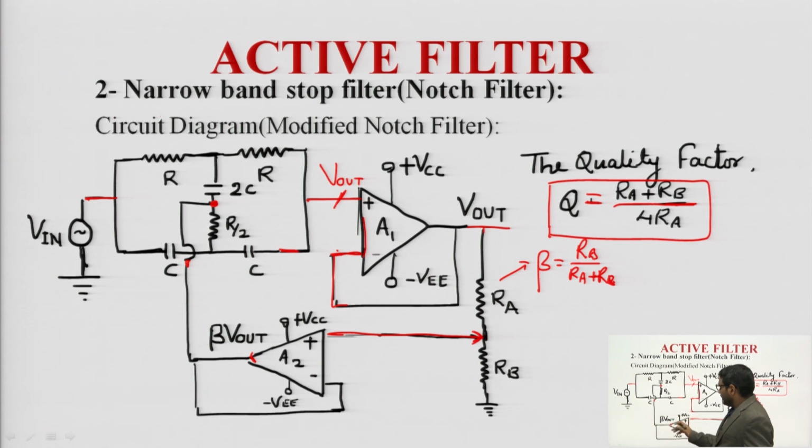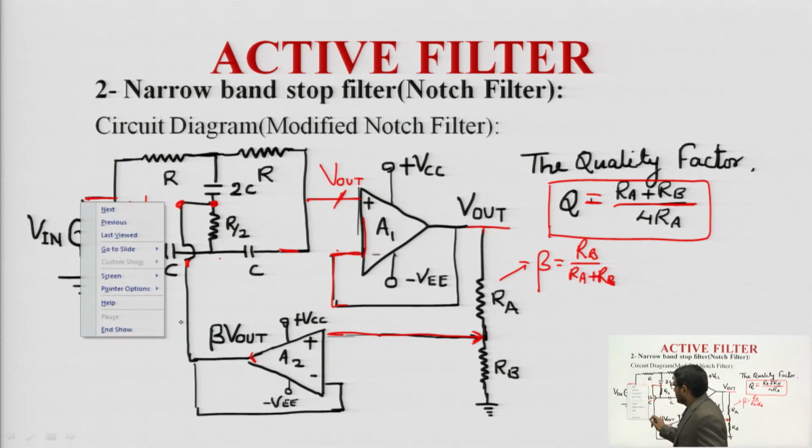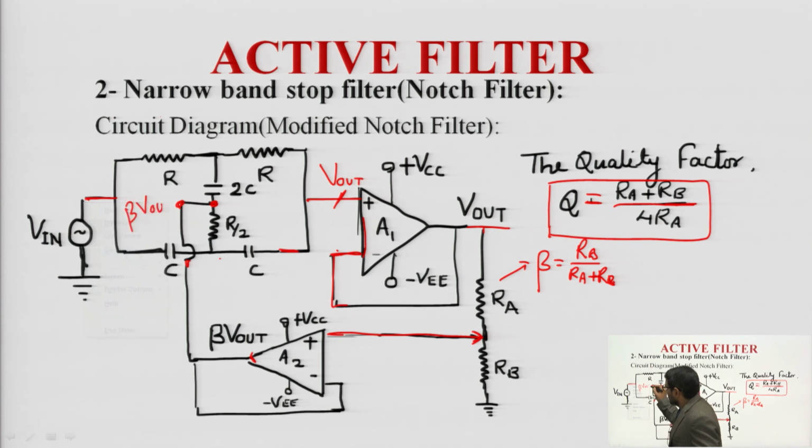So, at this point the potential will appear, that is the beta V out. So, we consider only this part R 2 C, R by 2 C and C, to derive the expression for the transfer function of the notch filter.